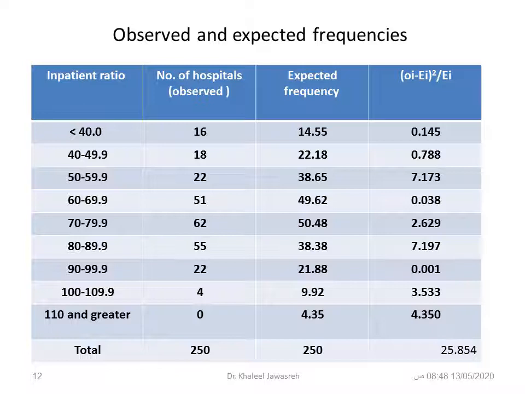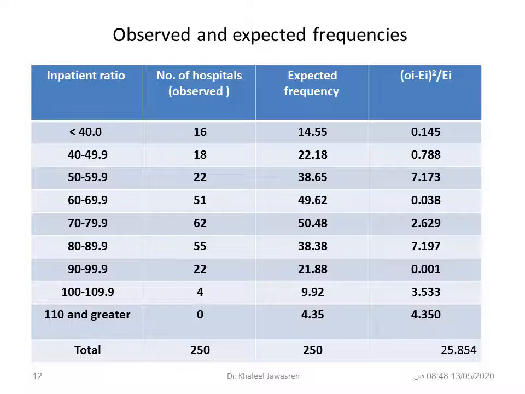So 16 minus 14.55, squared, over 14.55 will yield 0.145. For the second category, 18 minus 22.18, squared, over 22.18, it will yield 0.788, and so on for the rest of the categories.